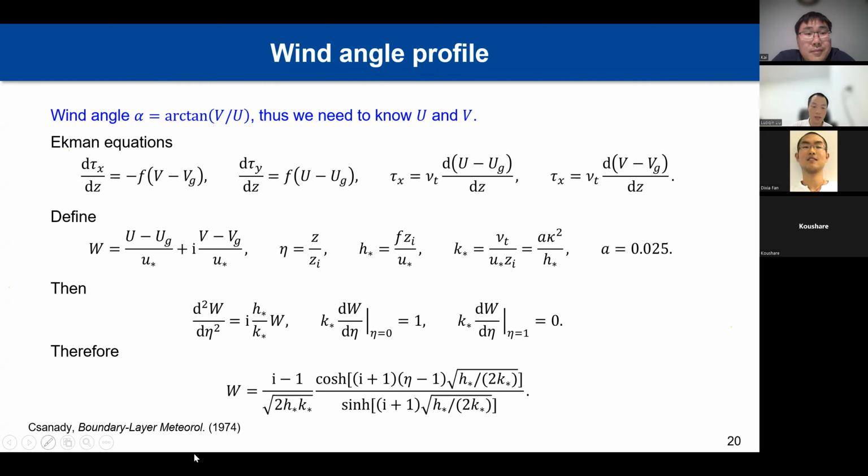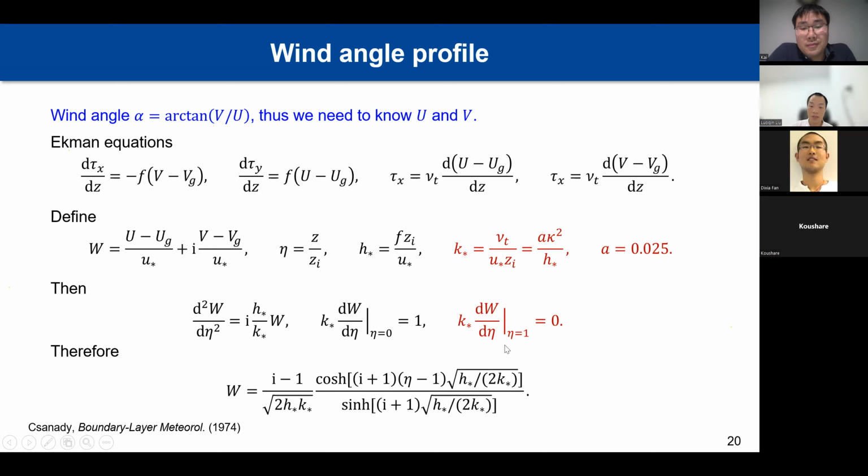Previously, in 1974, people already proposed a model, basically using the eddy viscosity approach, and it can be written like this. However, there are two drawbacks in this model. First, the authors assumed a constant dimensionless eddy viscosity, and of course, this is not true.